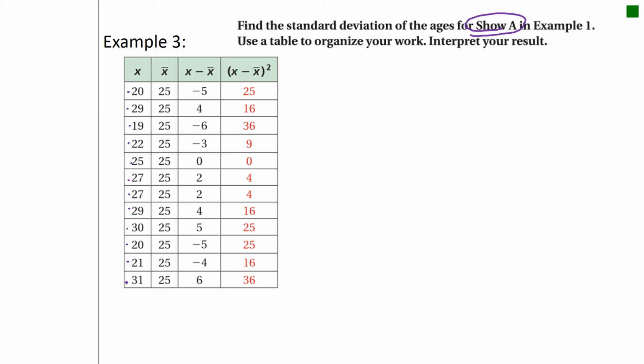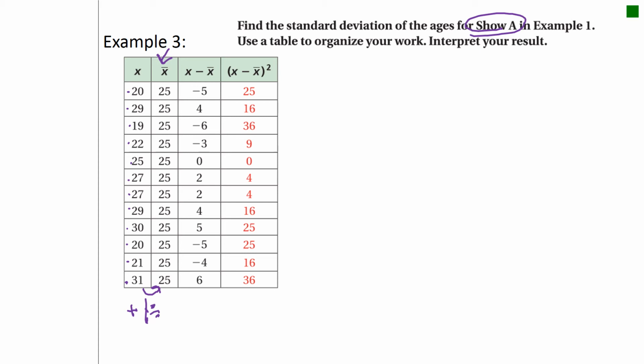The mean, the average, was 25. To find the average we added them all up and then divided by how many there are. That's how we got this X bar.